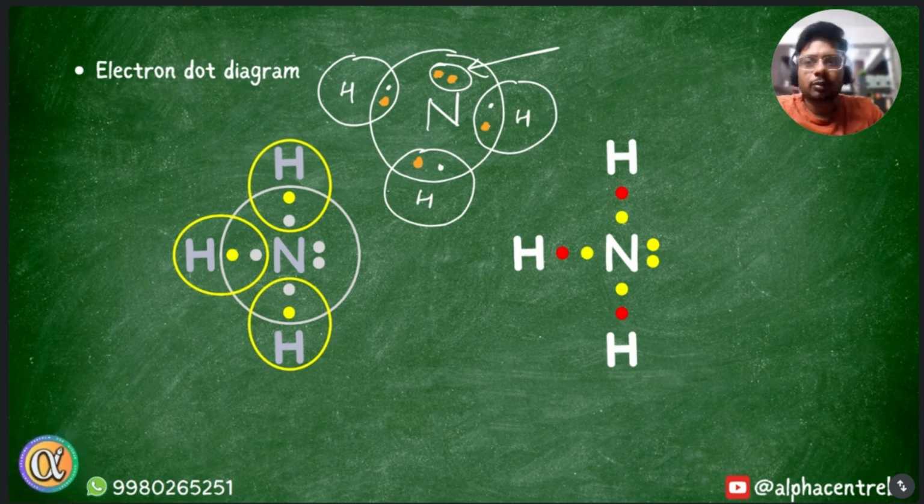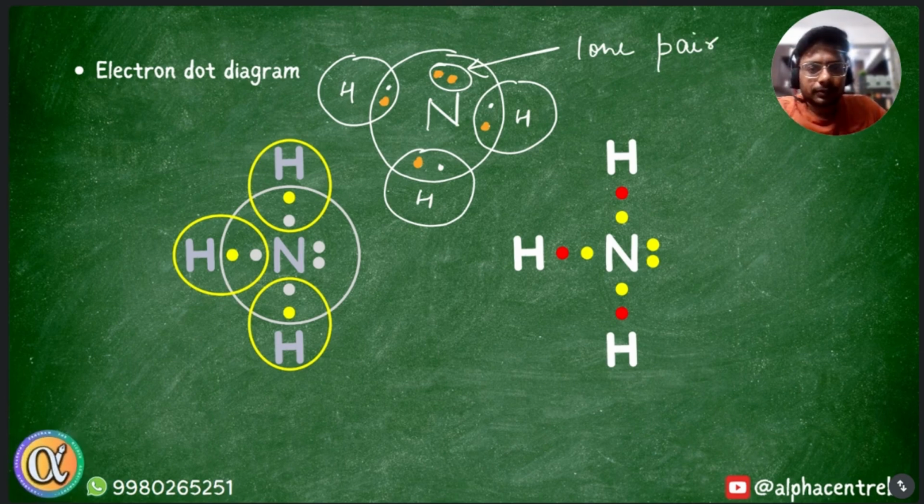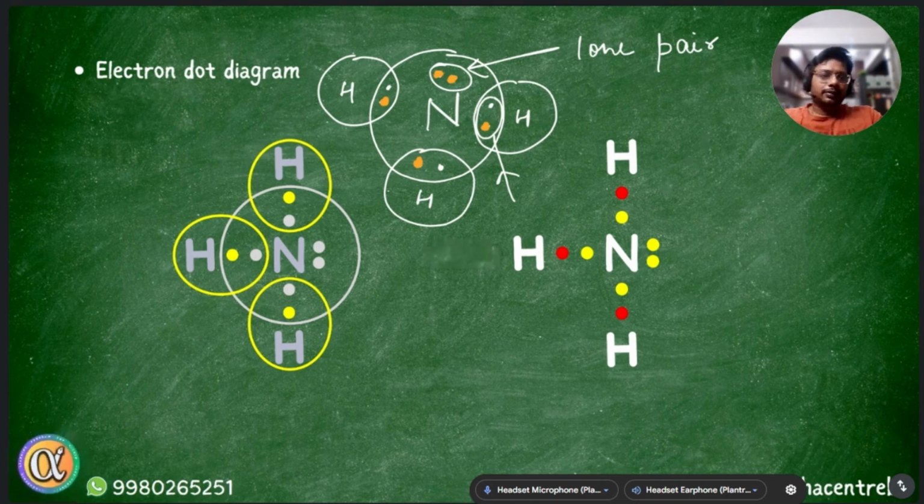It's a lone pair of electrons. And what about the pair of electrons which is getting shared, like for example, this pair? What is this pair called? Shared pair of electrons, or bond pair of electrons.